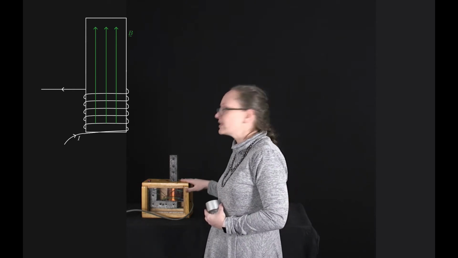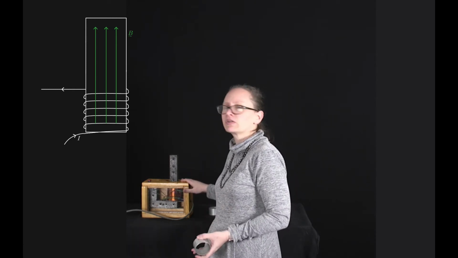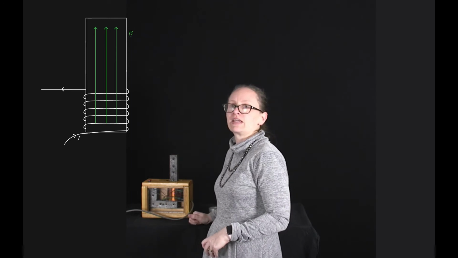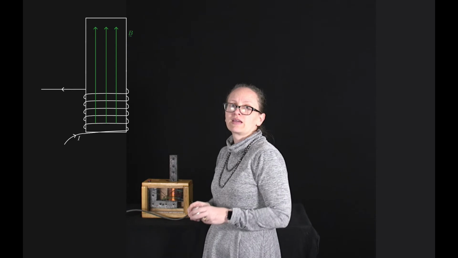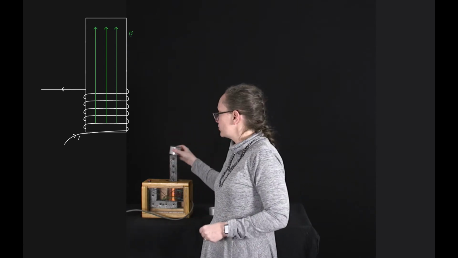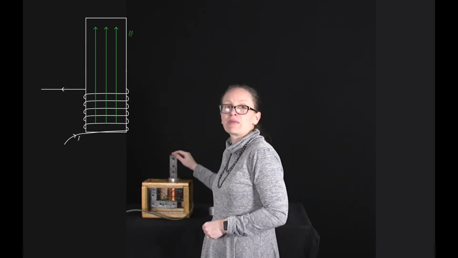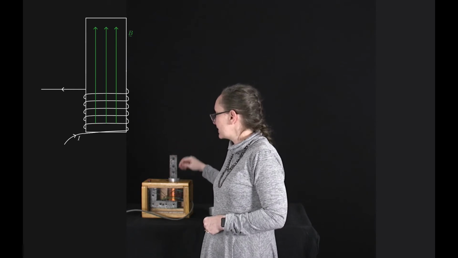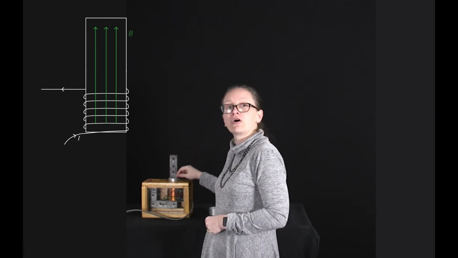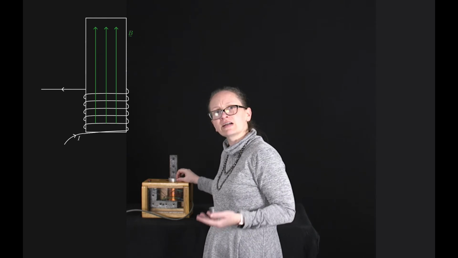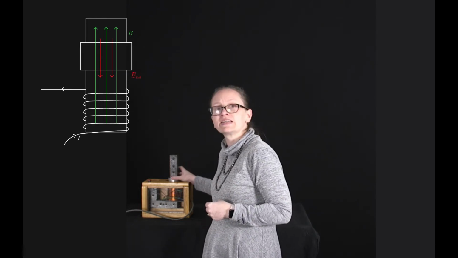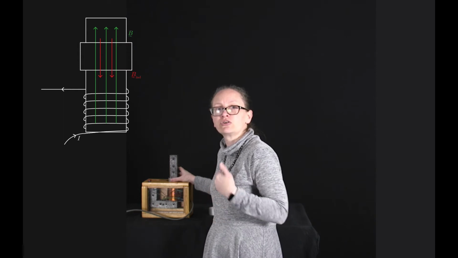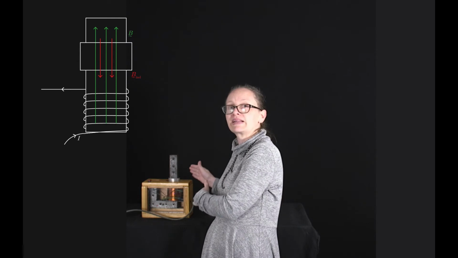The solenoid is creating a magnetic field. Let's assume that the magnetic field it creates is traveling up the screen this way. Now, when I place the metal ring around the same iron core, there's a magnetic flux passing through the ring. And that magnetic flux, according to Faraday's law, is going to induce a current in the ring, which is going to create a magnetic field that opposes the applied magnetic field.